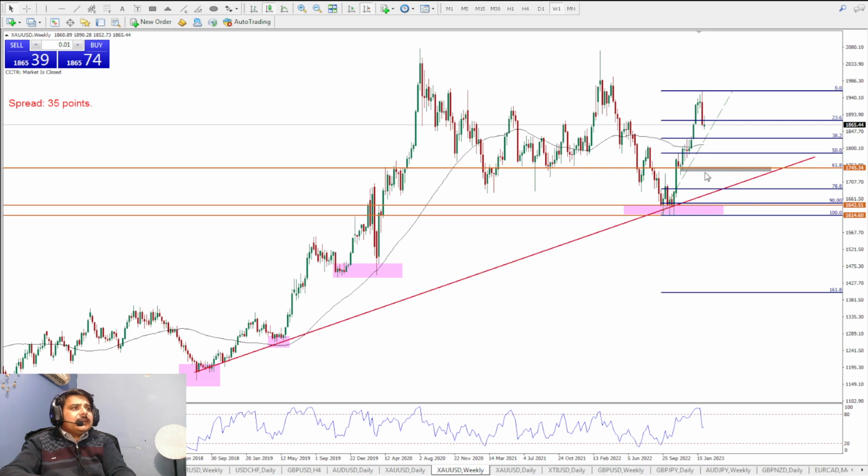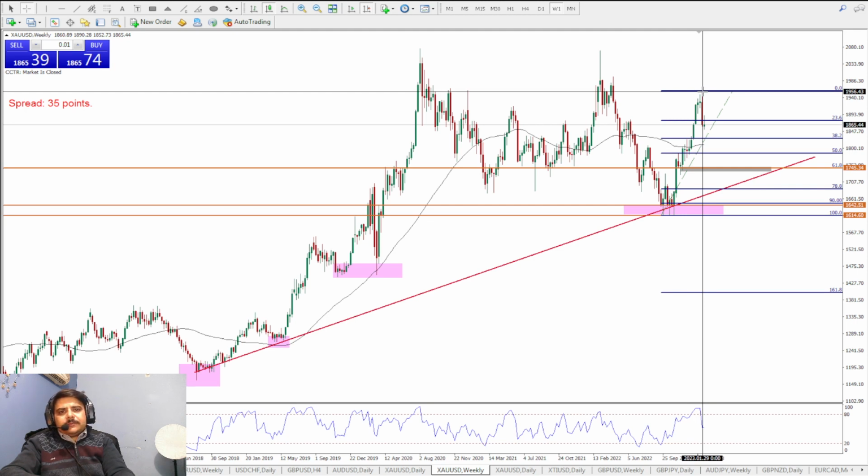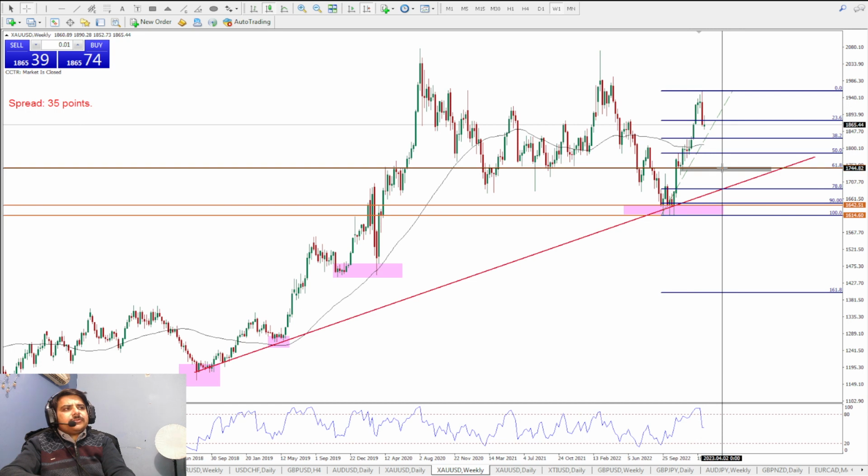If I give you a little overview, this trend changed from almost the start of November till February, so almost 4 months. So 61.8% retracement, well, that's easy.